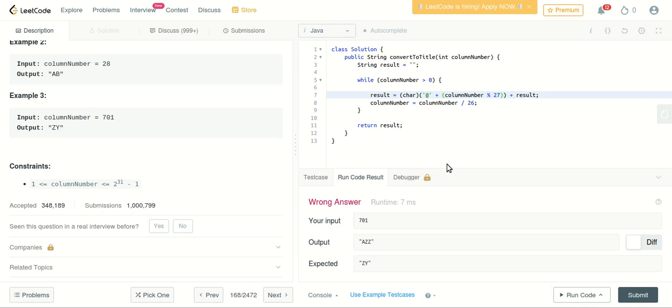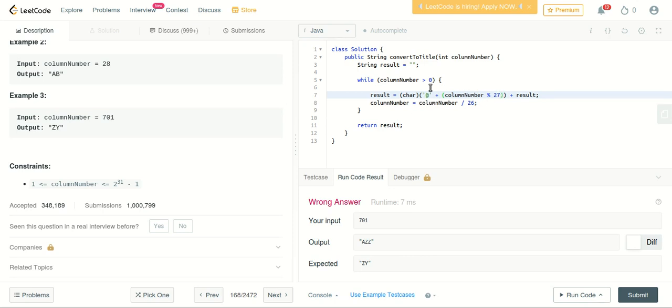No, okay, this is also not correct, because we only have numbers up to 26, and this is causing a problem. 701 should be zy, but we are giving a z, which is a problem.